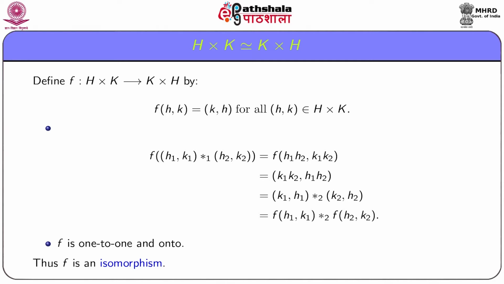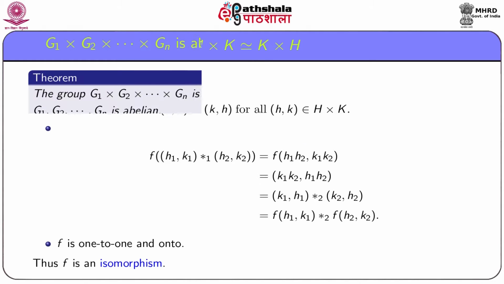Thus, f is an isomorphism. Also note that if eH is the identity of H and eK is the identity of K, then (eH, eK) is the identity of H cross K, and (eK, eH) is the identity of K cross H. Note that f maps (eH, eK) into (eK, eH).